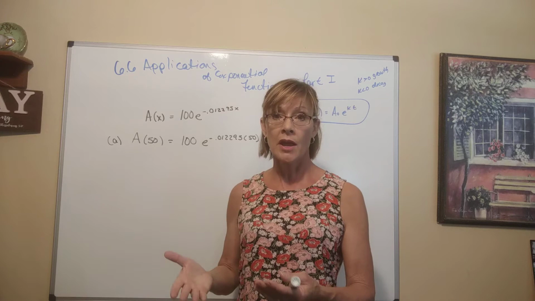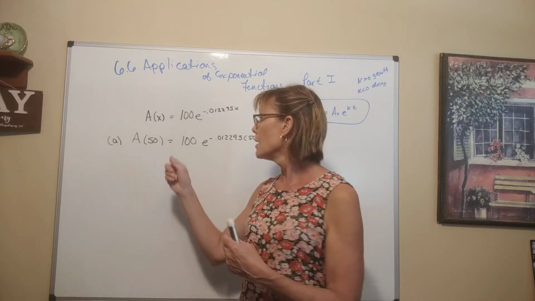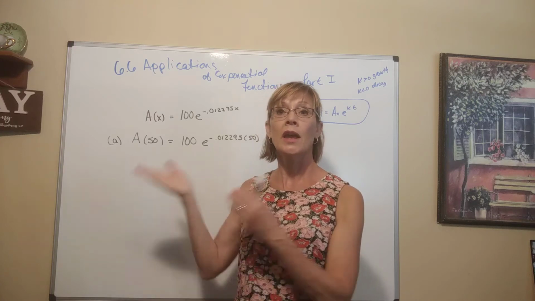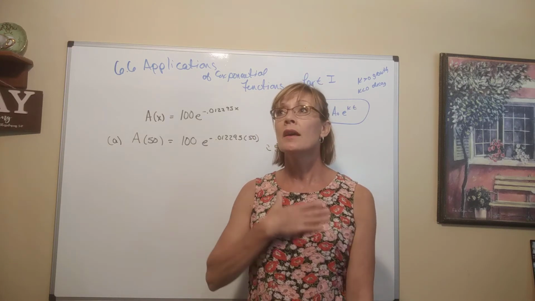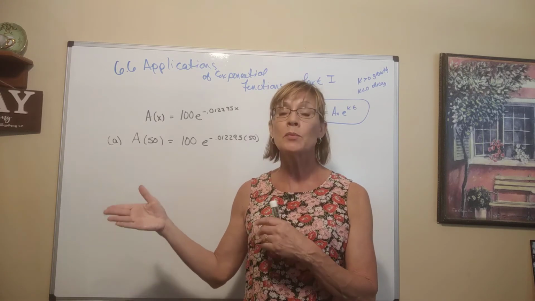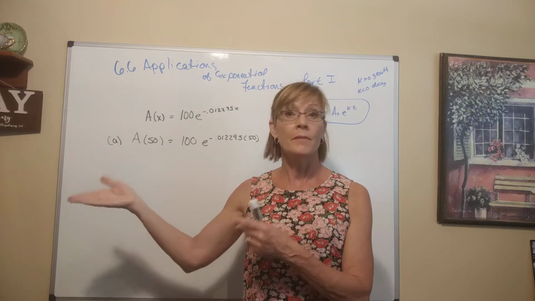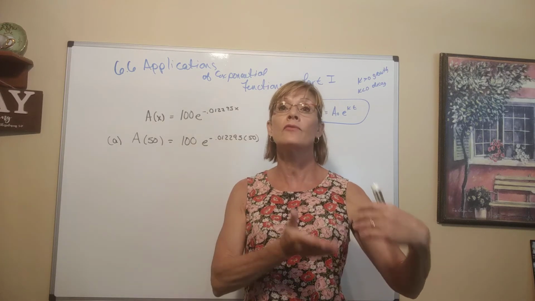So the half-life of cesium-137 is the amount of time it takes for 100 grams to decay to 50 grams. The initial amount doesn't matter. What if they started with 700 grams? Well, after that same half-life, 700 grams would have decayed to 350 grams.